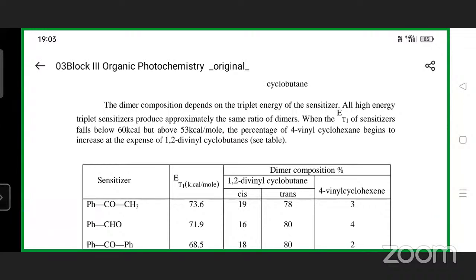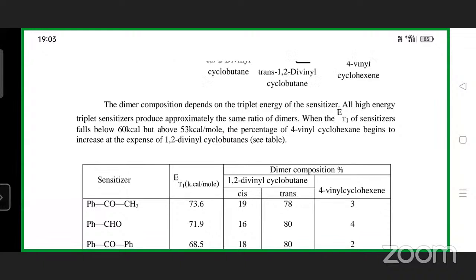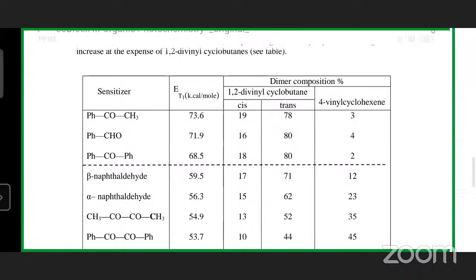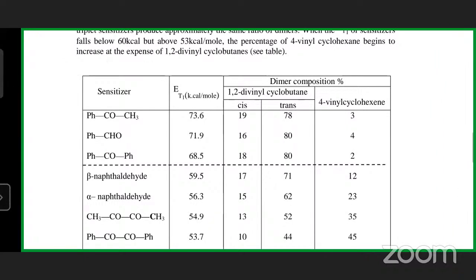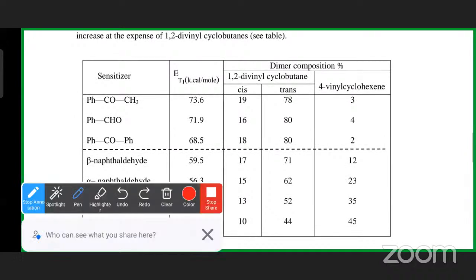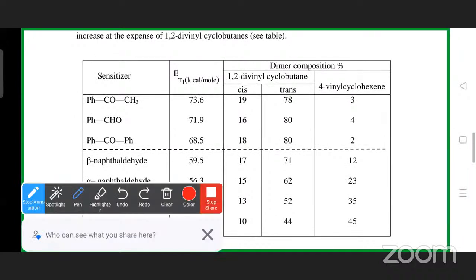Various sensitizers, the triplet energy transfer from the sensitizer to your butadiene, and the respective product formation, the percentage of products. It is a complete picture of the product formation with the sensitizers.